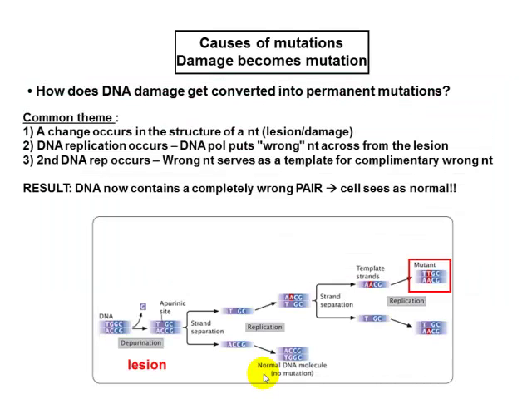Now, remember I mentioned that if you have a DNA mutation, the mutation is permanent. Because if it is a mutation, it was not detected by the repair mechanism. So it got mutated, it's permanent. Now, how is it that it becomes permanent? This is a common theme that you're going to see over and over. A change occurs on one nucleotide, and then replication happens.